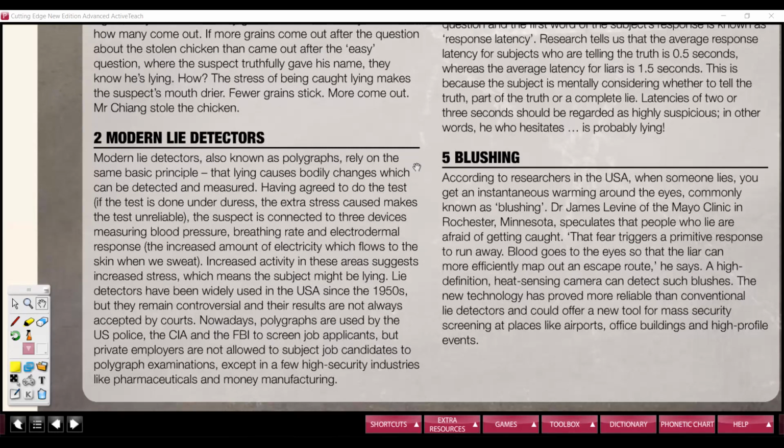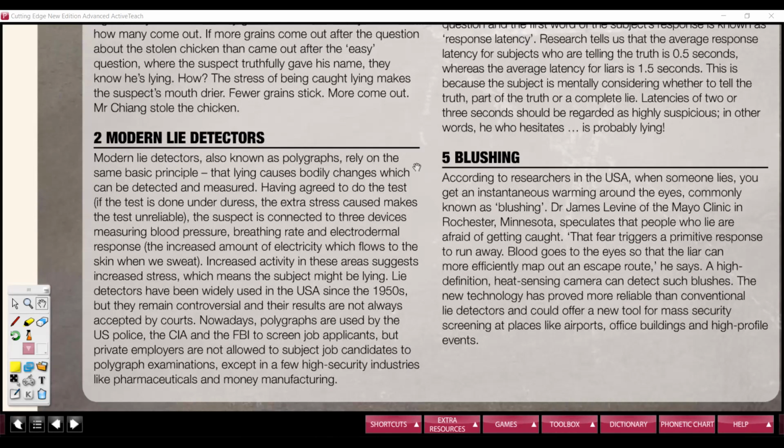If the test is done under duress, the extra stress causes the test to be unreliable. The suspect is connected to the device measuring blood pressure, breathing rate, and electrodermal response.